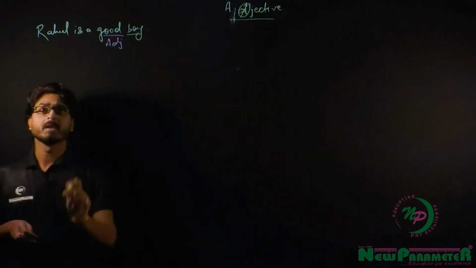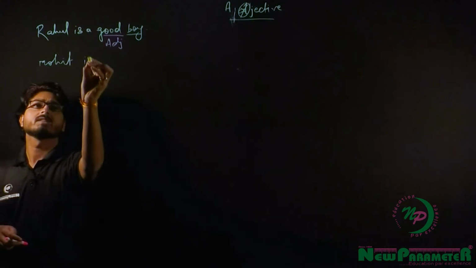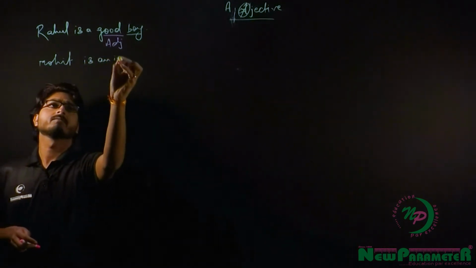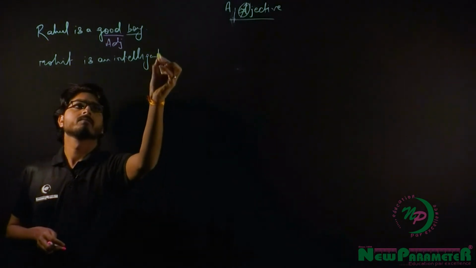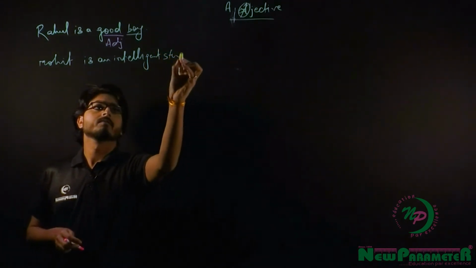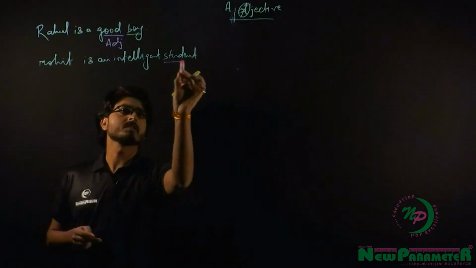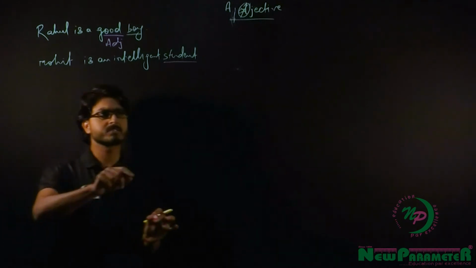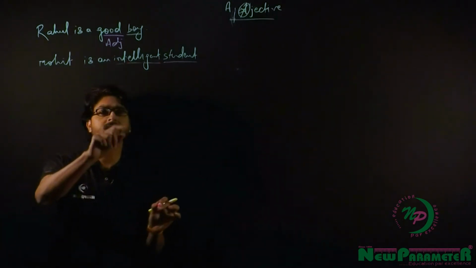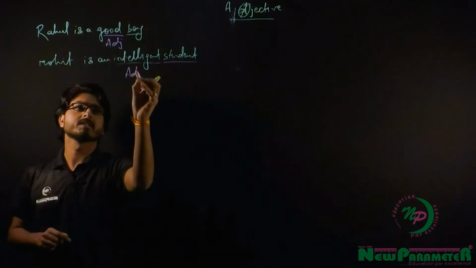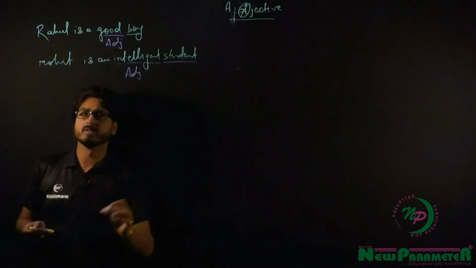If I say Mohit is an intelligent student. We know student is a noun. And what is the details of this student? Intelligent. We can say intelligent is an adjective. So whatever we give details to a noun or pronoun is called an adjective.